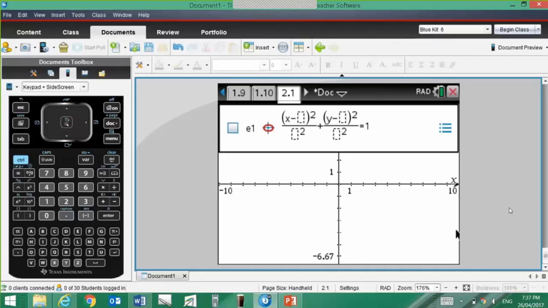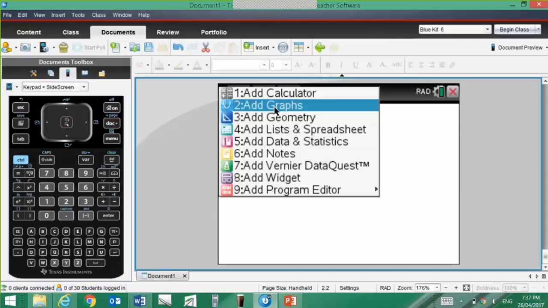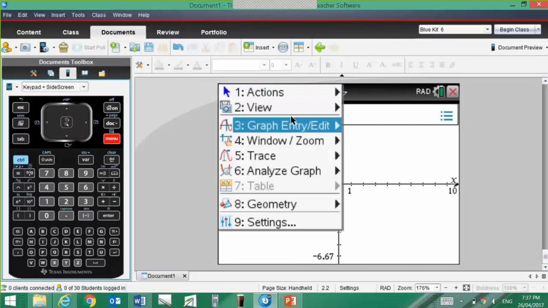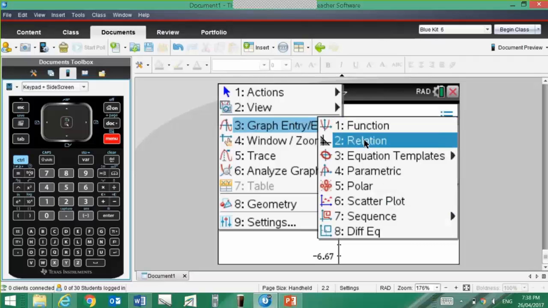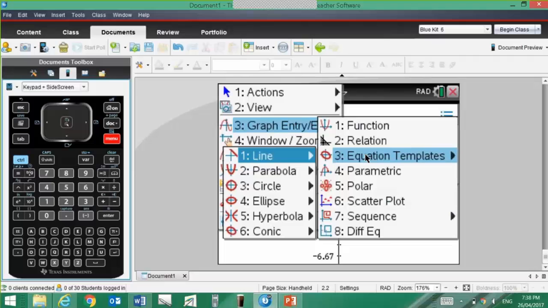Someone also asked, how do we generally draw the ellipse? This is the tool here. On a graph page, in the menu under graph entry edit, we've been able to graph a relation for quite a while now, but these equation templates are handy.